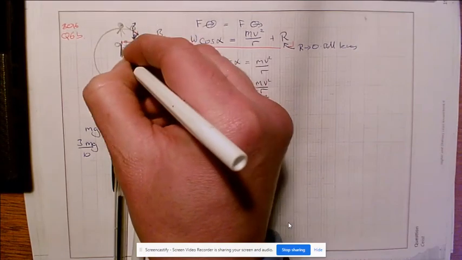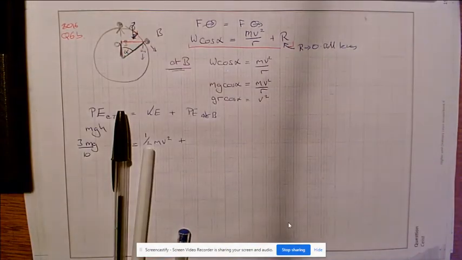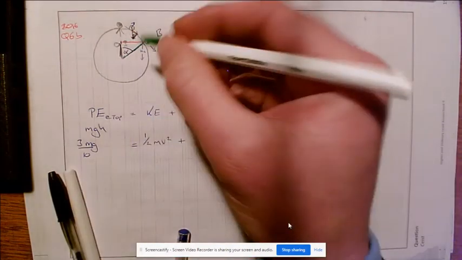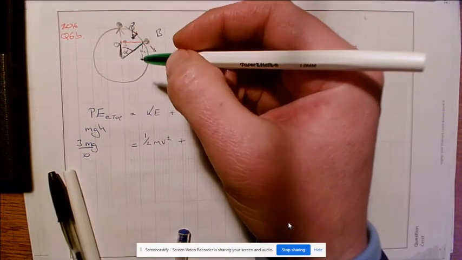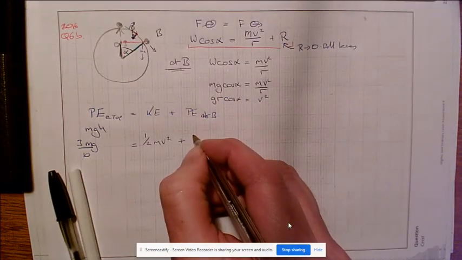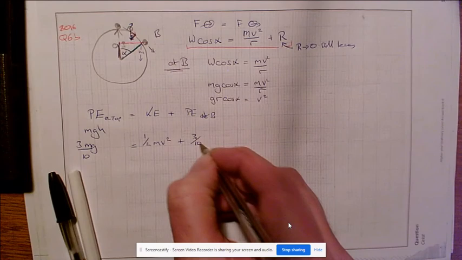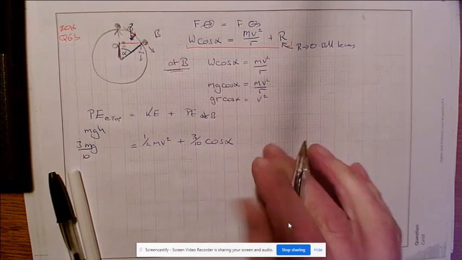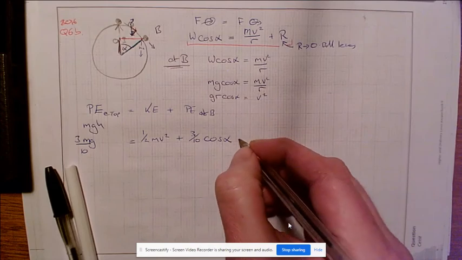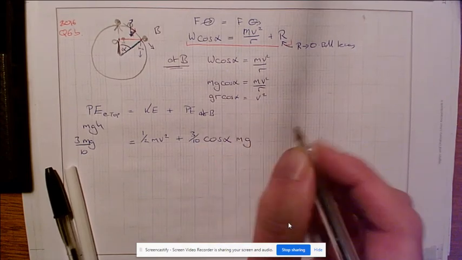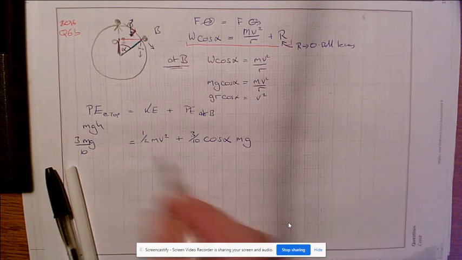This is my triangle that I'm really worrying about. So I want to find the height this is. So this is 0.3, 3/10 times cos alpha. That's the h times m times g. So this is equivalent, it's all the same.